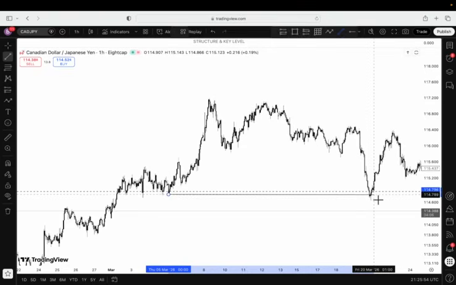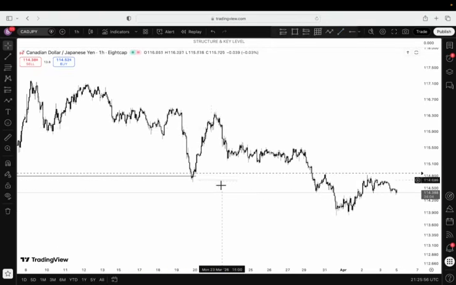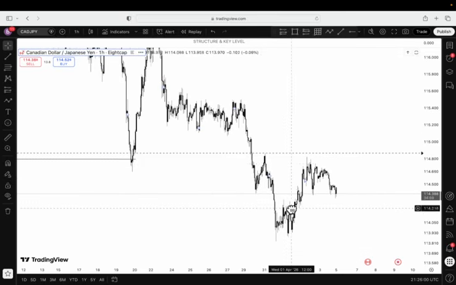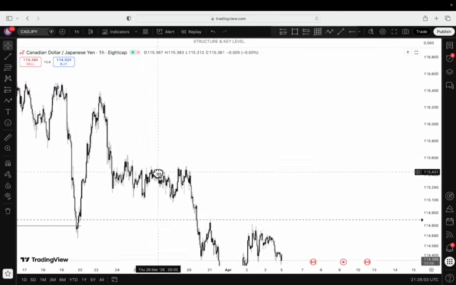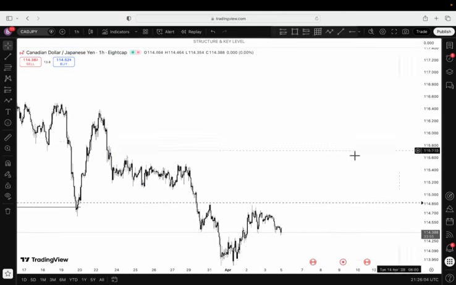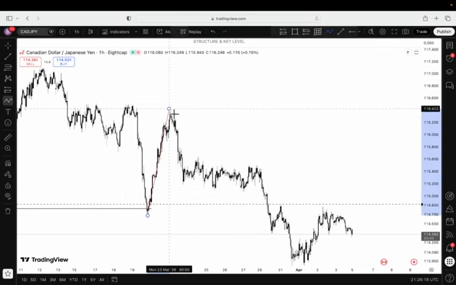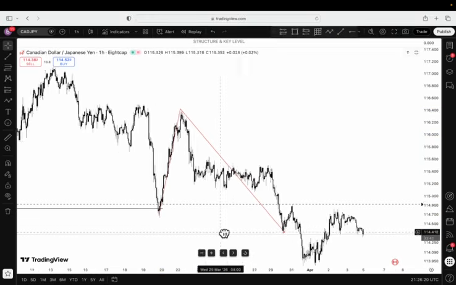So we already know we are bearish here, and this is make count is 1, 2. So this is a failed external actually, this thing here.